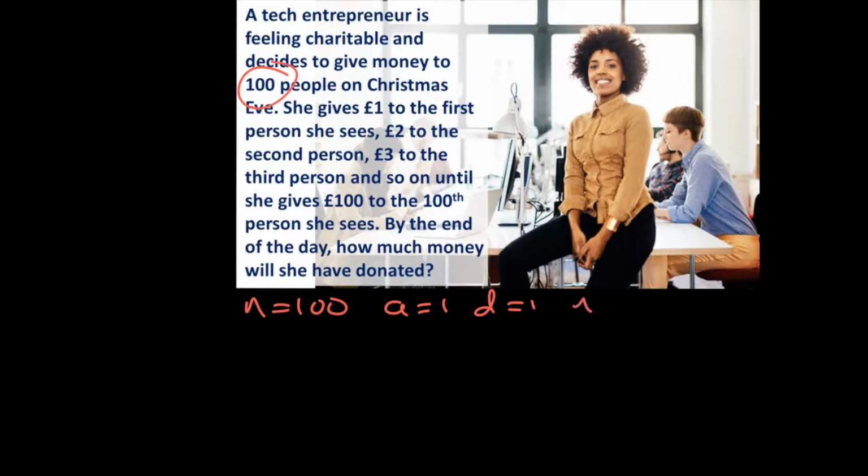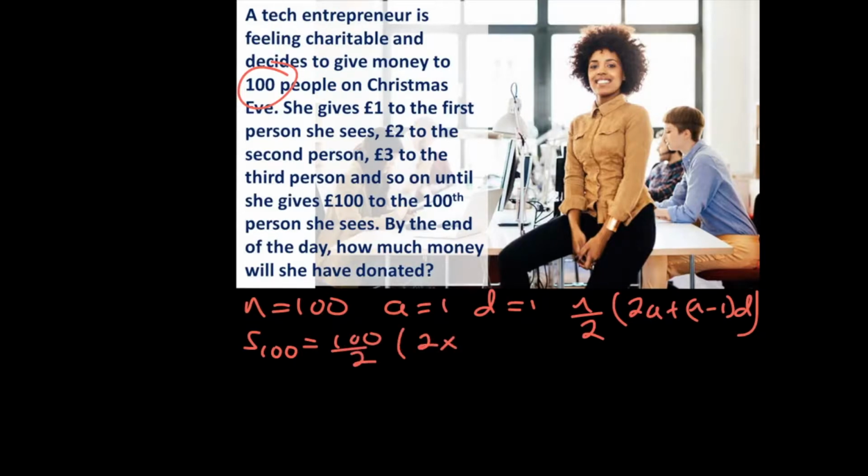So using the formula for the sum of the first n terms, n over 2 times 2a plus n minus 1 times d, the students should be able to figure out that the sum of the first 100 terms will be 100 over 2 times 1 plus 99 times 1, and that will give you the solution of 5050, which is going to unlock the 4-digit combination lock. So, we've got the answer of 5050.